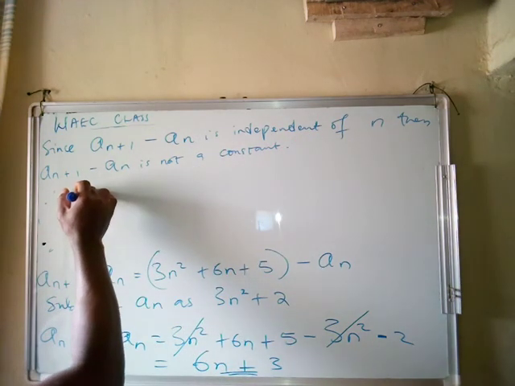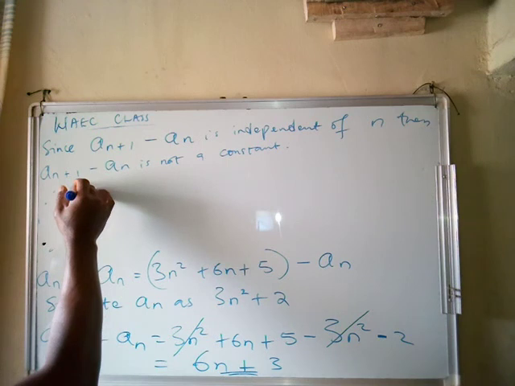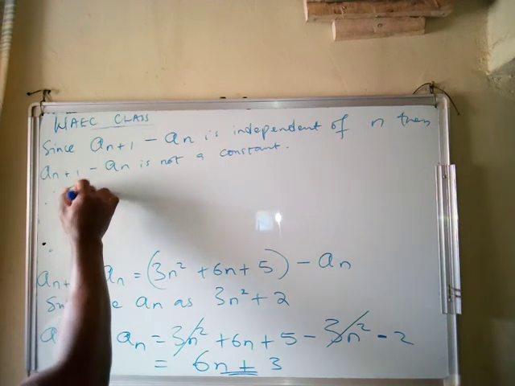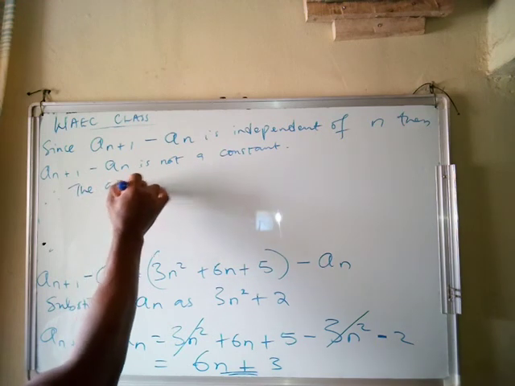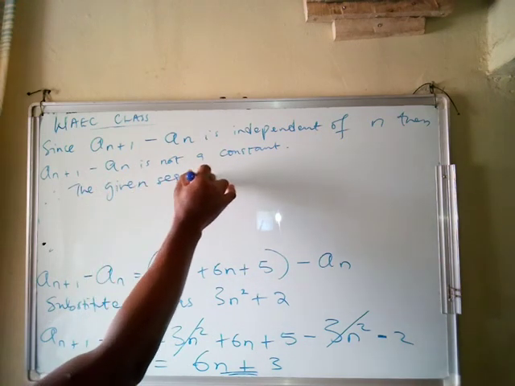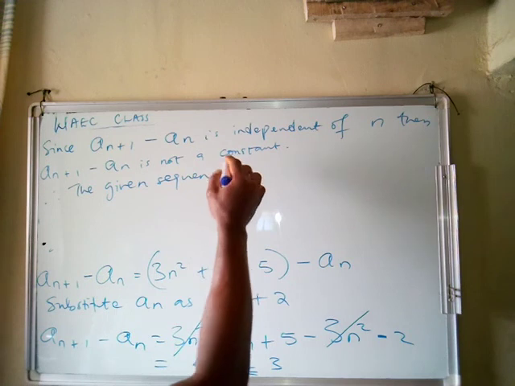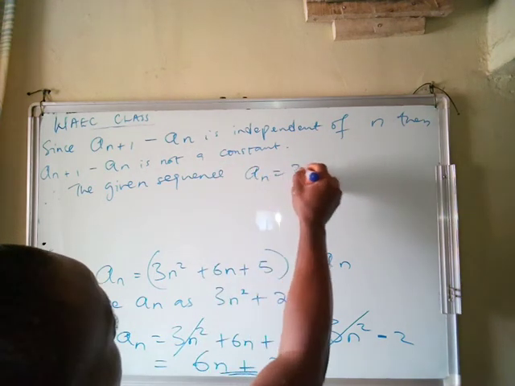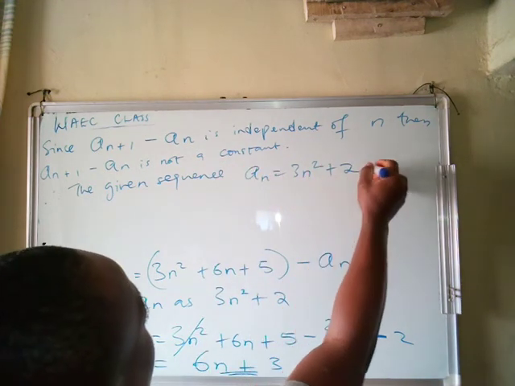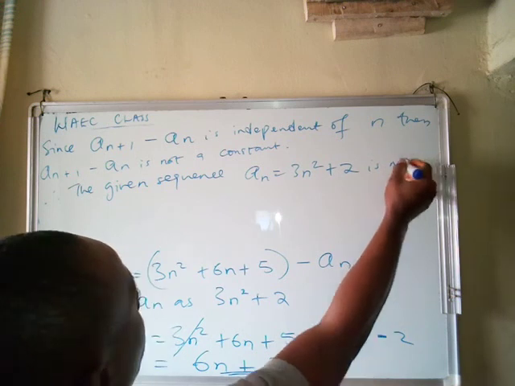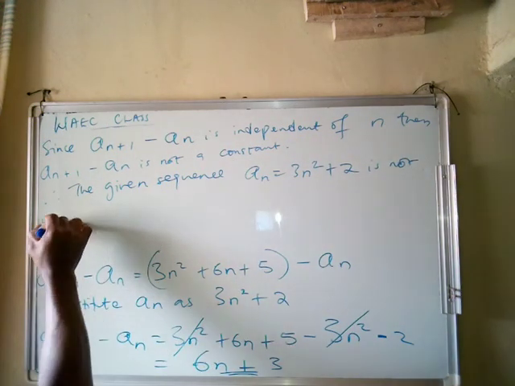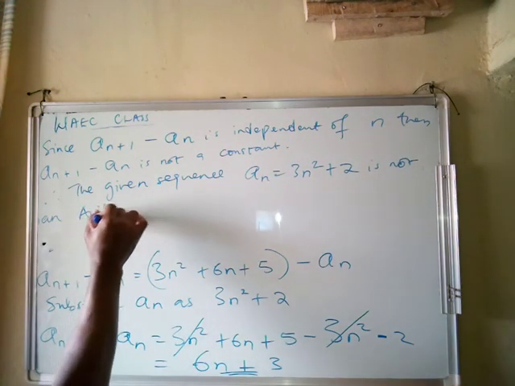Therefore, the given sequence a_n equals 3n squared plus 2 is not an arithmetic progression.